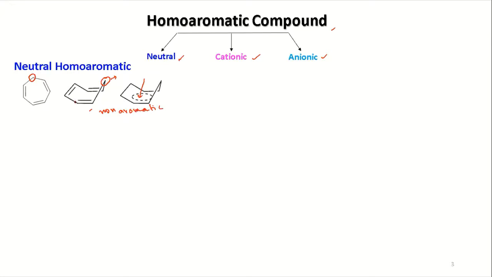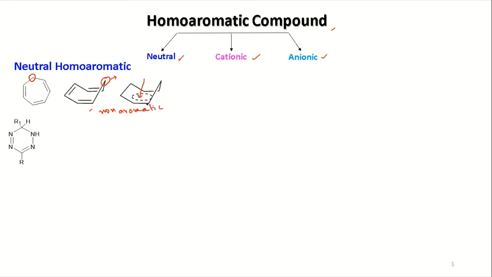Apparently it looks like homoaromatic, but it is not homoaromatic. Why? Because the molecule does not have a flat structure in its base. Got it? So the delocalization is not proper. So we put it into the category of non-aromatic.